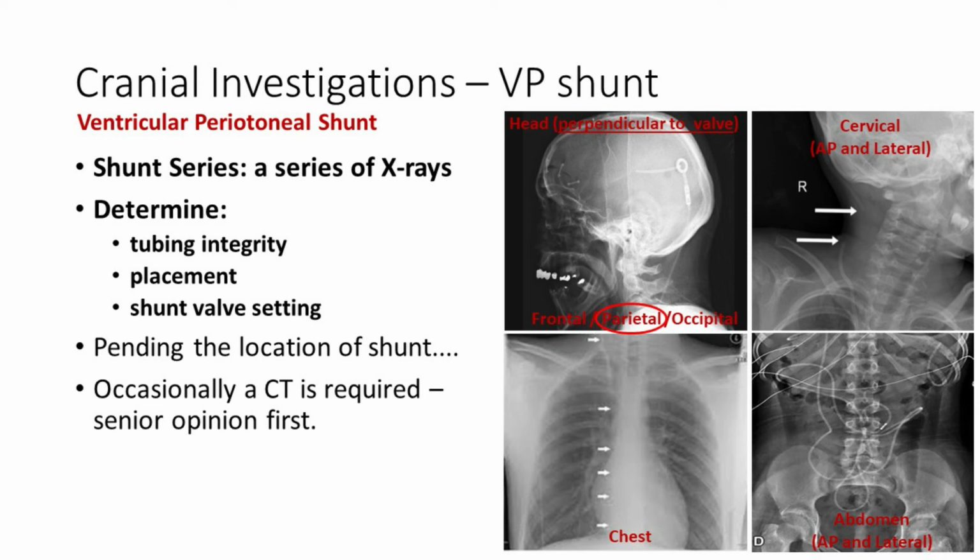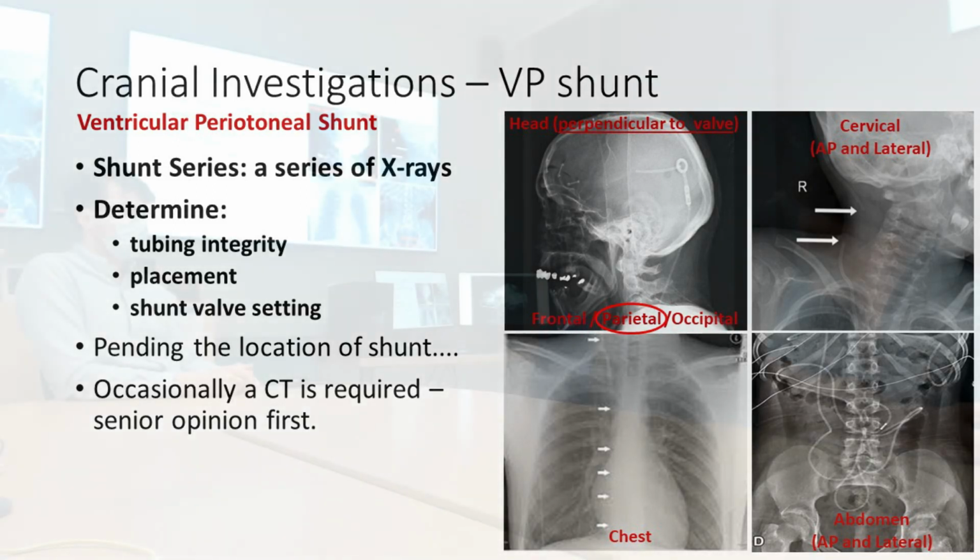I think one of the key things is the shunt series basically consists of the head, neck, chest, and abdomen. And the abdomen has got to be AP and lateral because otherwise you can't tell. Absolutely, yeah. Occasionally for necks you might need AP and lateral for that, but abdomen you need to be 100% sure that it's definitely inside the peritoneal space rather than sometimes it can go out.